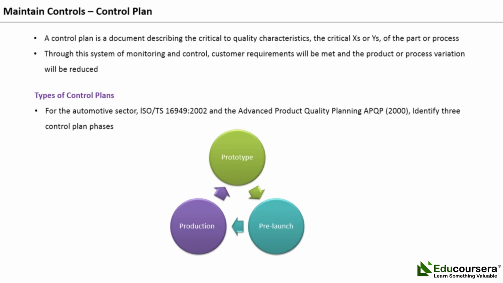This stage will be discontinued once the pre-launch part or process has been validated and approved for production. A production control plan is used for the full production of a part. It contains all of the line items for a full control plan. Part or product characteristics, process controls, tests, measurement system analysis, and reaction plans. A more detailed list of input factors is provided later in this section.